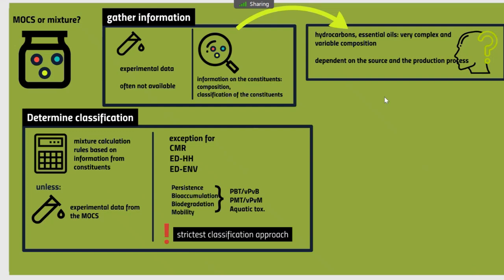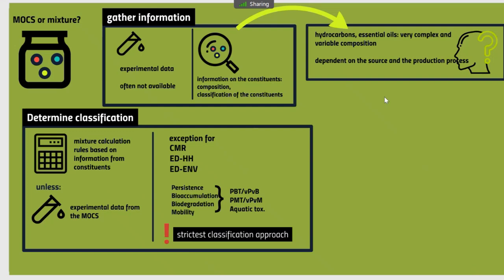The exception is described as that the strictest classification approach determines the classification that are mentioned here. So, for example, I said previously that if you have experimental data, that is the one that determines the classification.